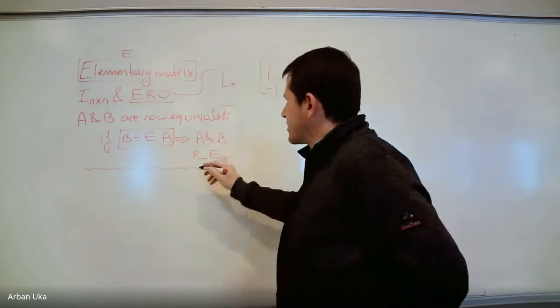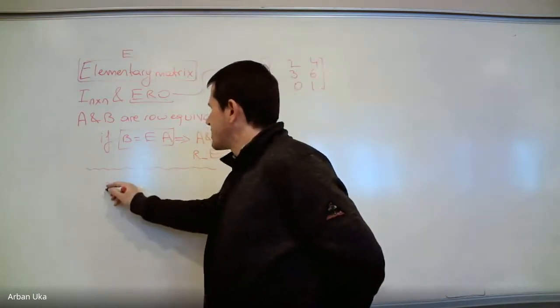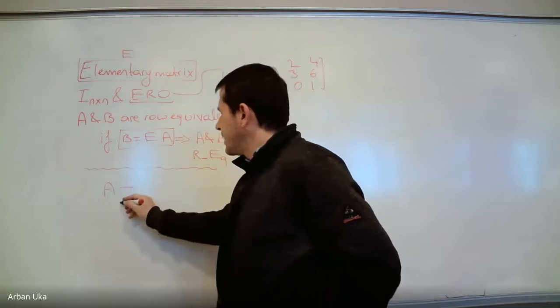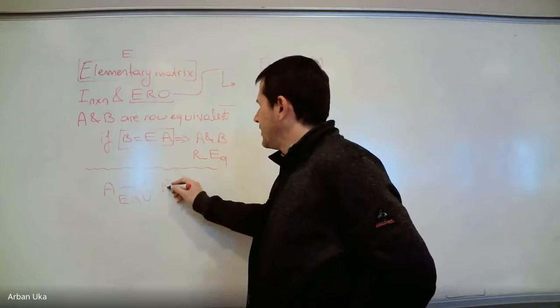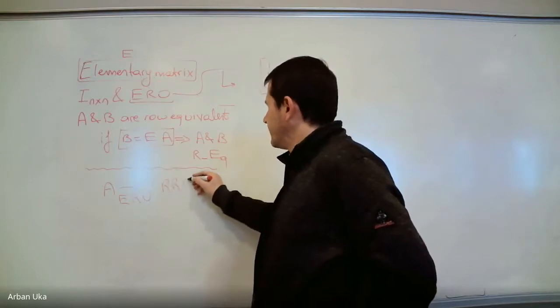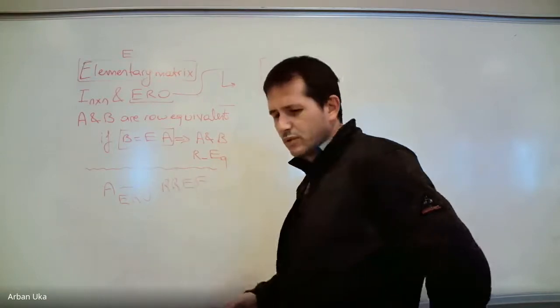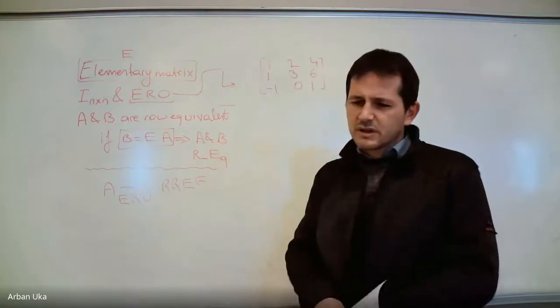From the previous sessions in this class, let's not forget that we started from A, we applied elementary row operations, ERO, and we found the reduced row echelon form. This is what we did in the previous sessions.